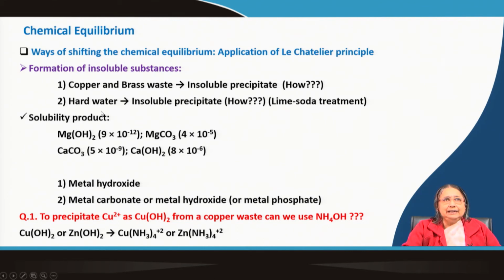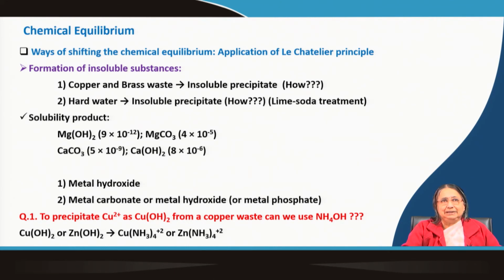And in case of hard water, you all know that hard water contains multivalent cations, and mostly we see that magnesium or calcium ions or iron ion is there. But if we want to remove this hardness, then what do we do? We have to remove it by forming some precipitate.